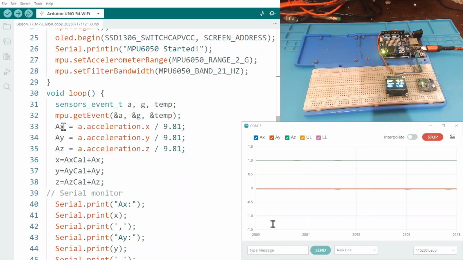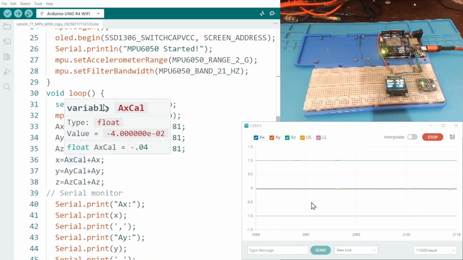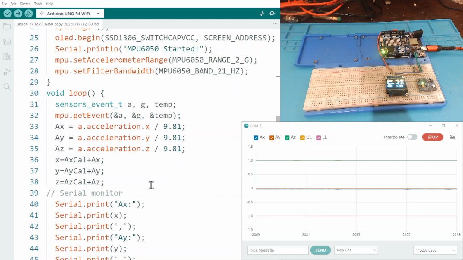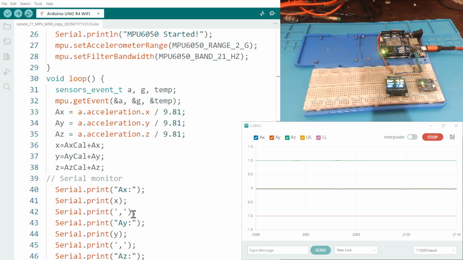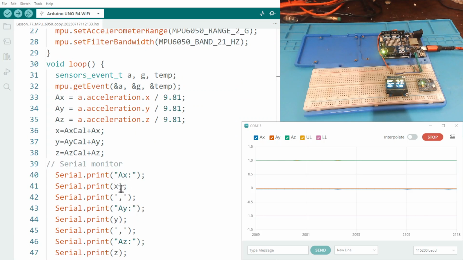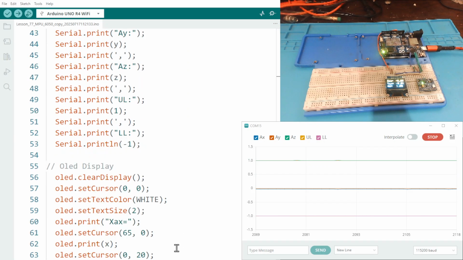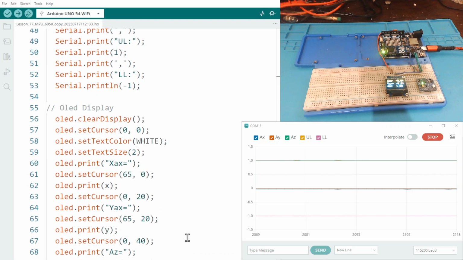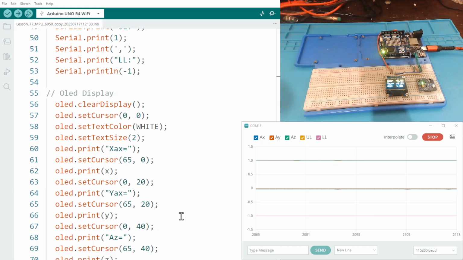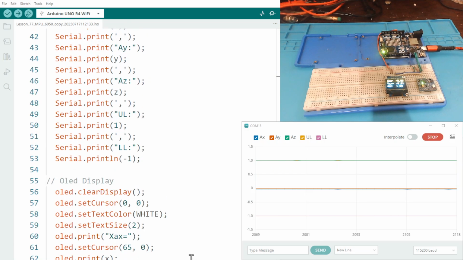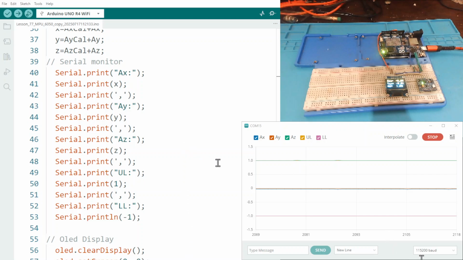AX is the raw value, plus the cal that I had up above, and that equals X. So down here, when I do printing, I'm printing the X value, the Y value, the Z value, and in my OLED display, I'm also doing the X value, the Y value, and the Z value, which is all compensated.